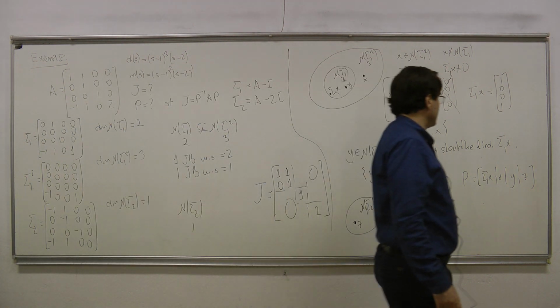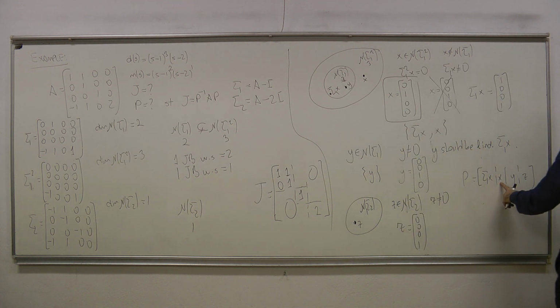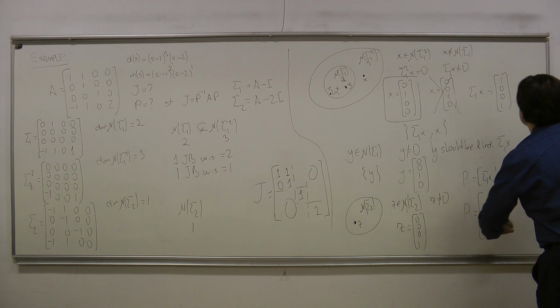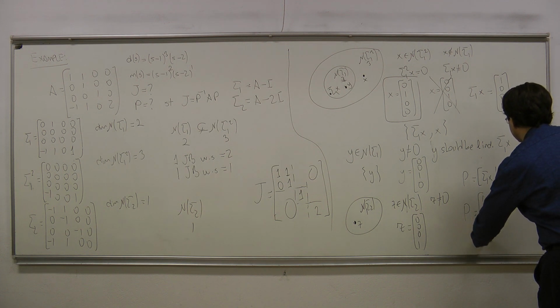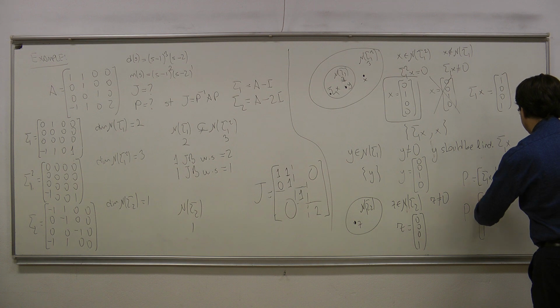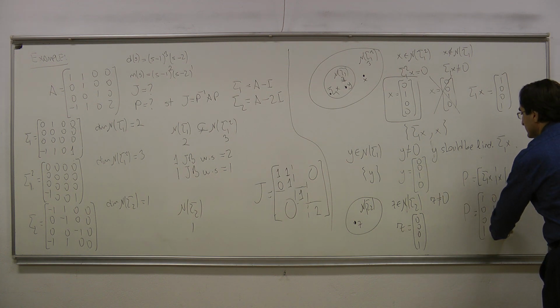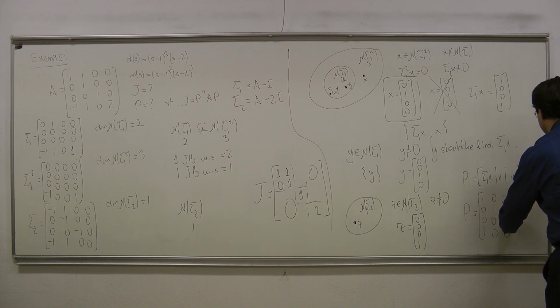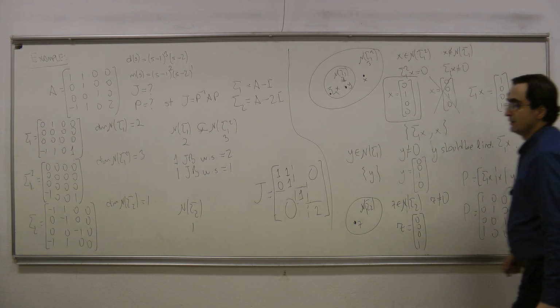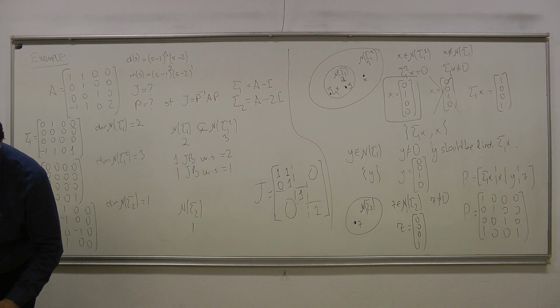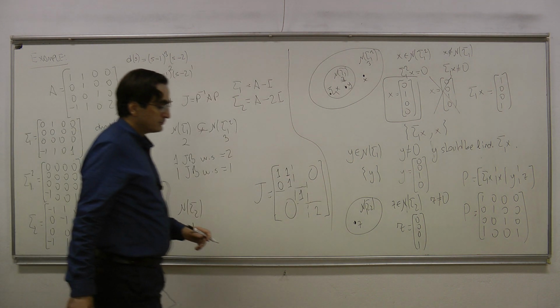That means that this x is not an eigenvector, but it is a generalized eigenvector. So this P then is going to be the following: 1, 0, 0, 1, and 0, 1, 0, 0, and 0, 0, 1, 0, and finally 0, 0, 0, 1. So this is the P matrix that brings this matrix into its Jordan canonical form.